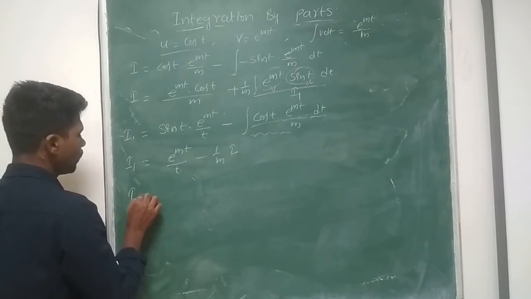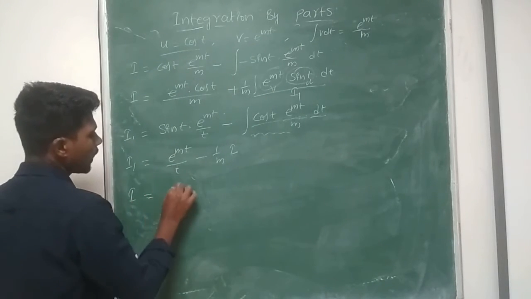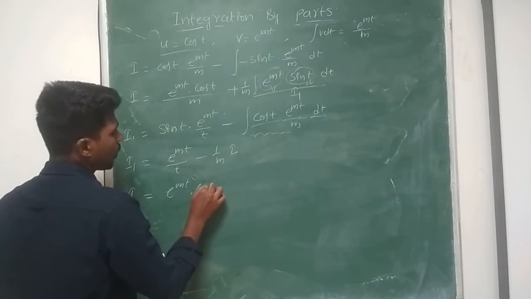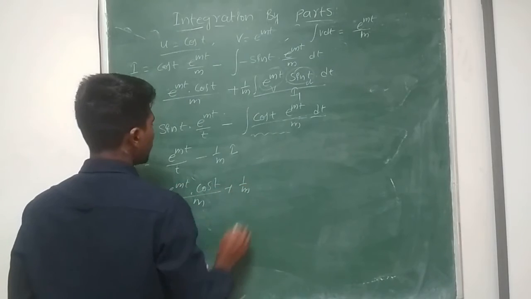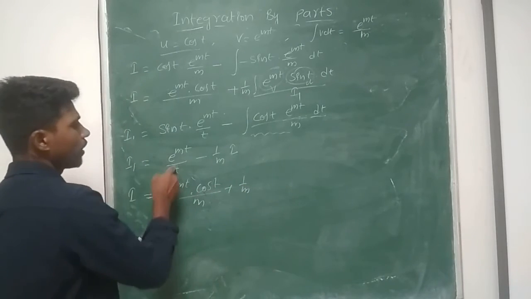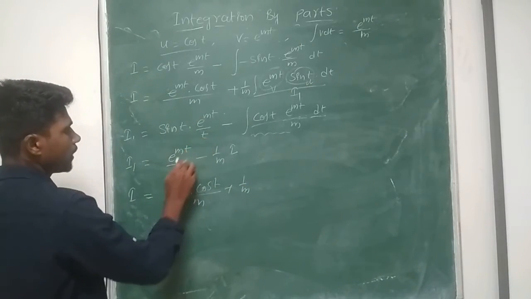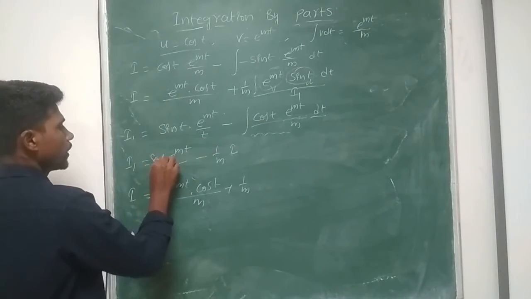Now I is equal to e power mt into cos t by m plus 1 by m into something we forgot here. E power mt by m I wrote, sin t I didn't write, so I have to write sin t.